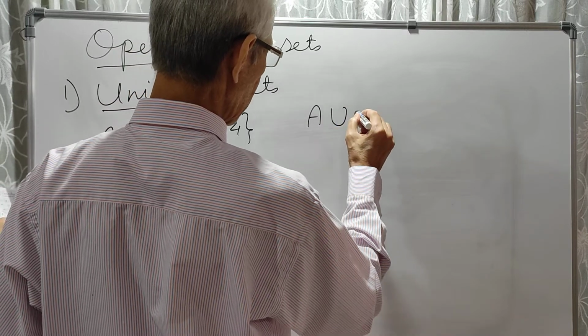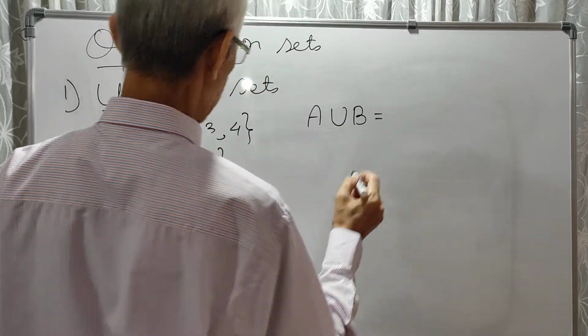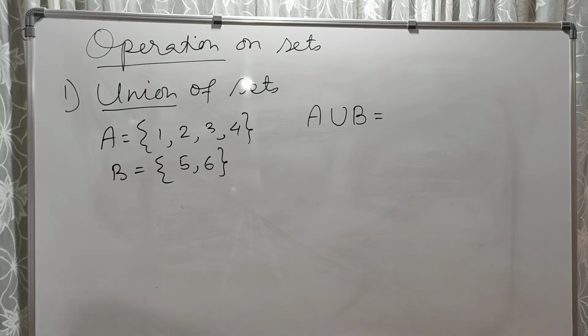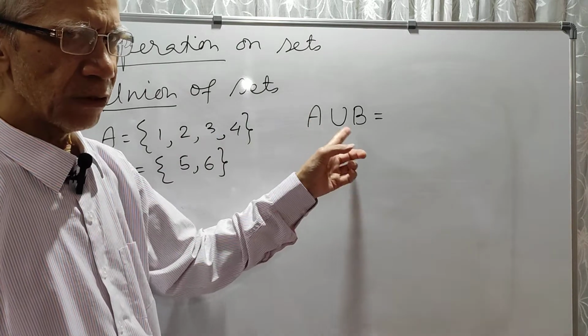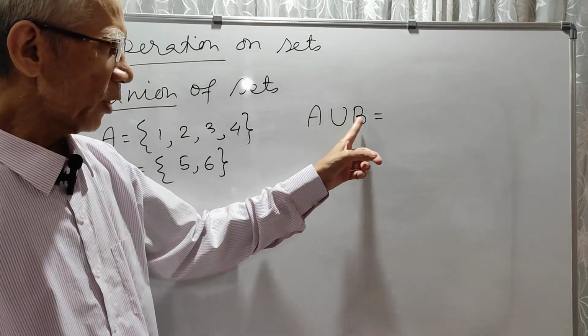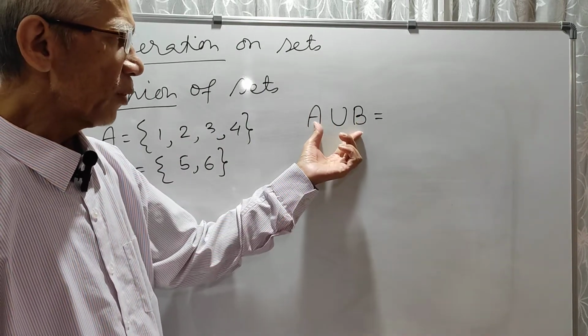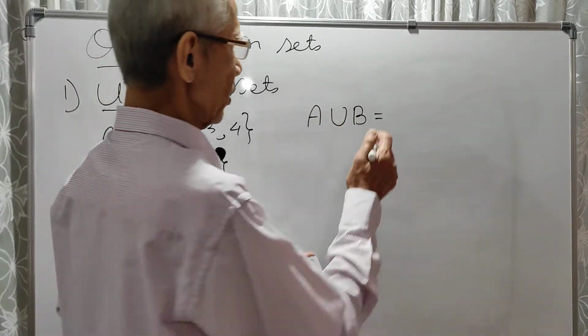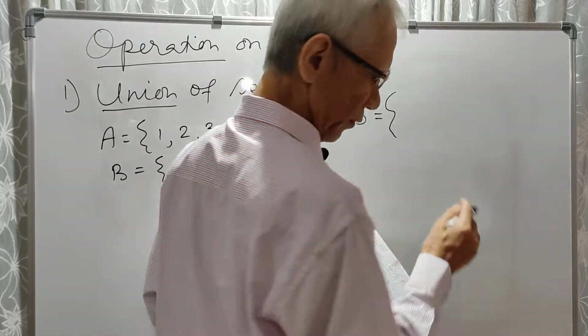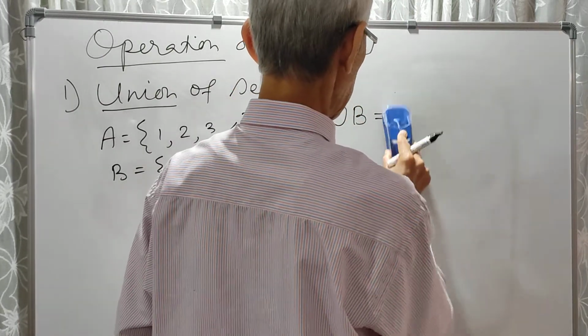A union B. This symbol is called union. Union means addition. So how will you read it? A union B. That means we have to add all the elements of A and B together inside one set.